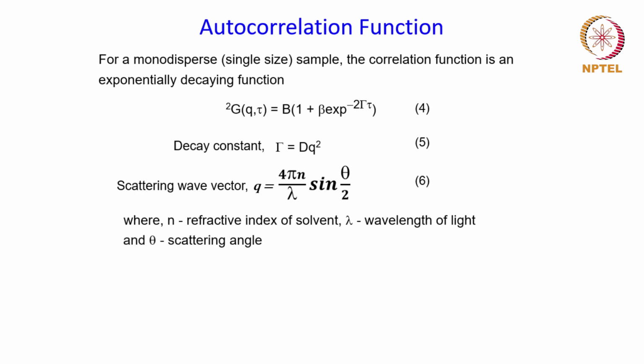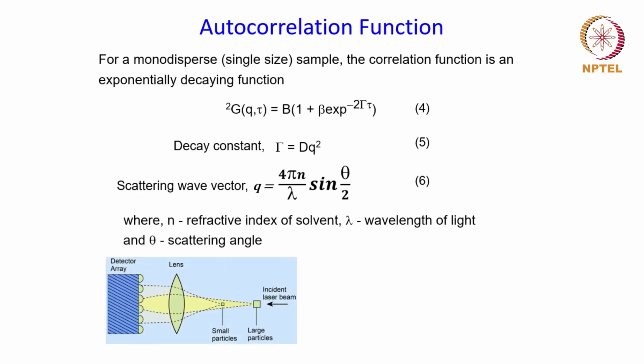And it is also known that the scattering angles for the smaller particles is higher compared to the larger particles. The smaller particles scatter light at larger angles compared to larger particles, as you can see from this particular diagram over here, right?